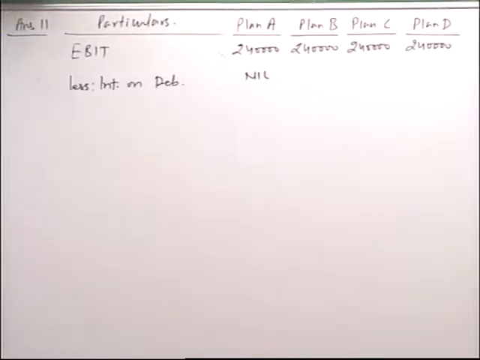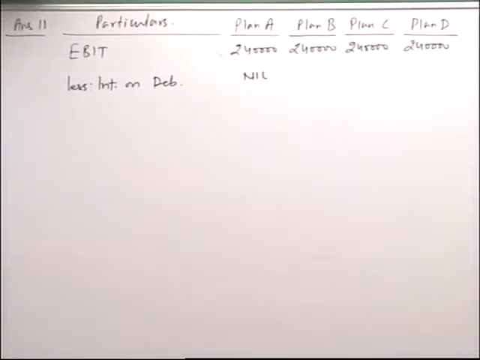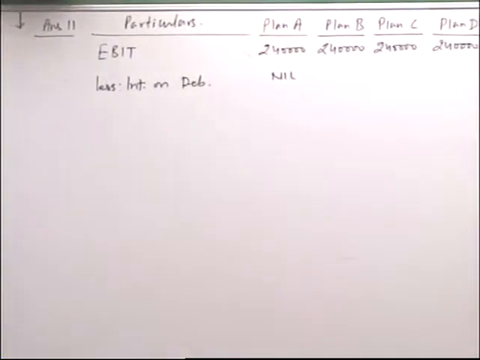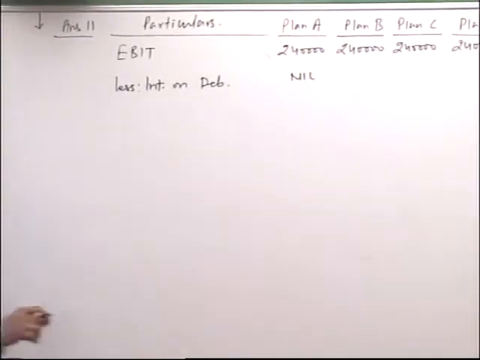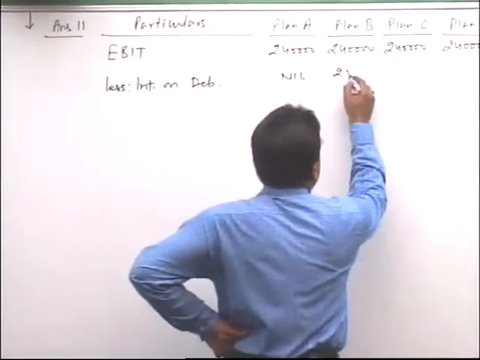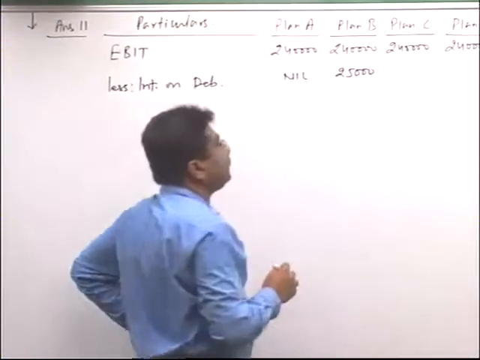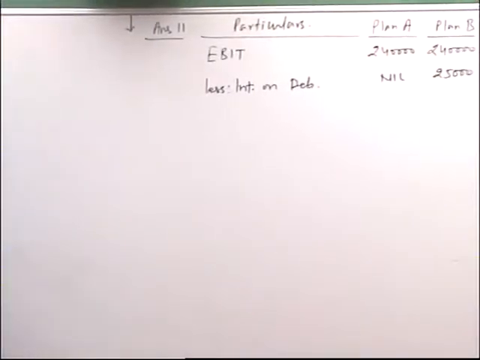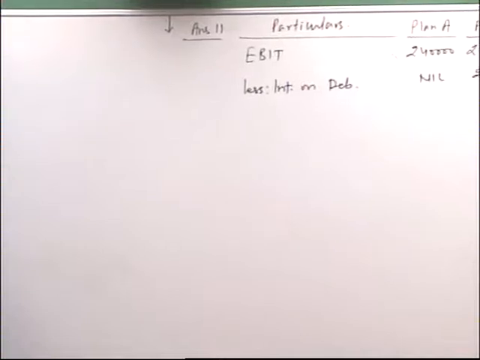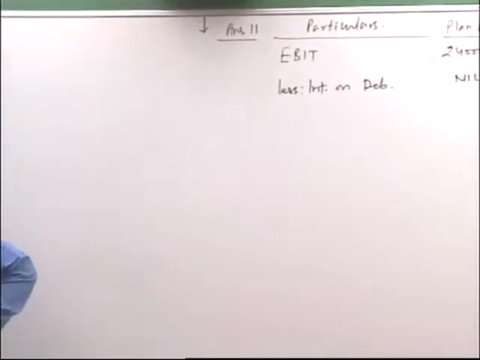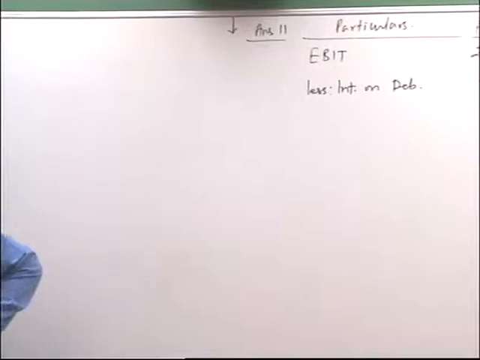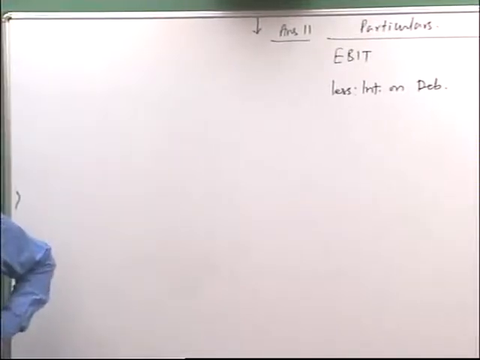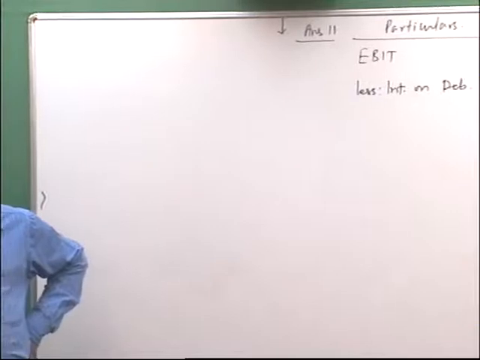In Plan B, you can see that debentures of 5 lakh rupees are issued and the interest rate is 5%. So, 5% of 5 lakhs means 25,000. So, in Plan B, the debenture interest will be 25,000. In Plan C, the old capital is the same equity capital, but the new fund is raised by issuing debentures.